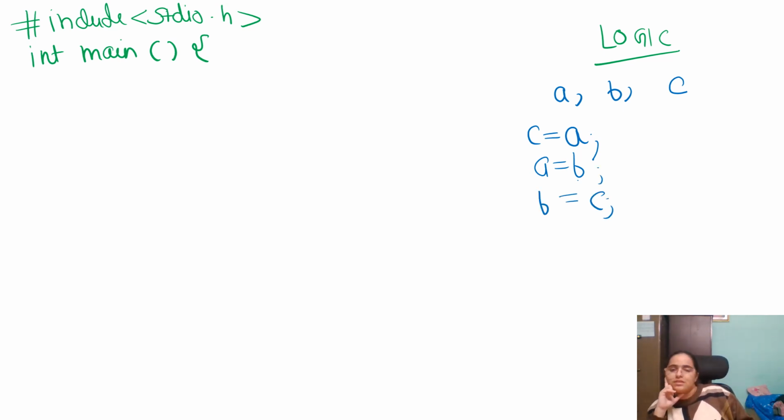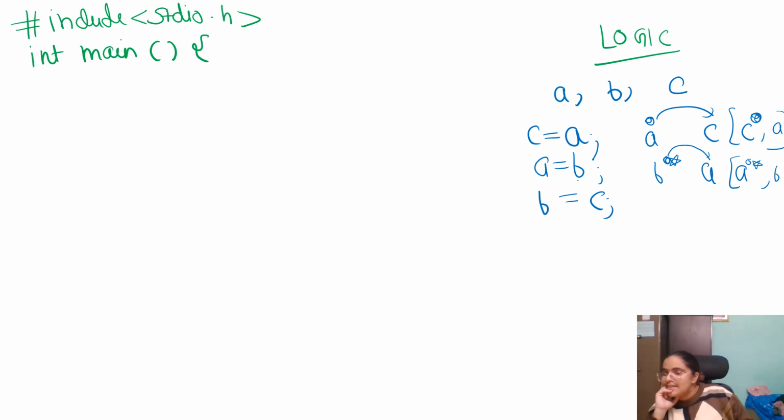Now the logic here is, the value of A has a laddu, and it gives that laddu to C. Now the laddu is with C, and my A is empty. Now B has a laddu and A is empty, so that laddu of B goes to A. So now my A has B's laddu and my B is empty.